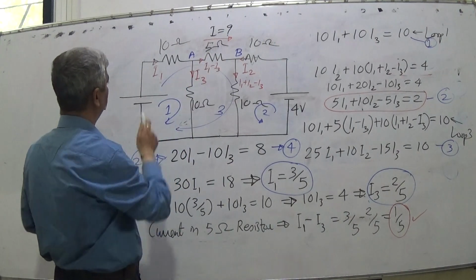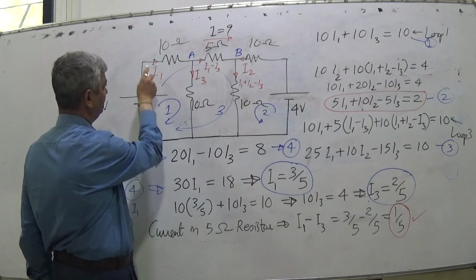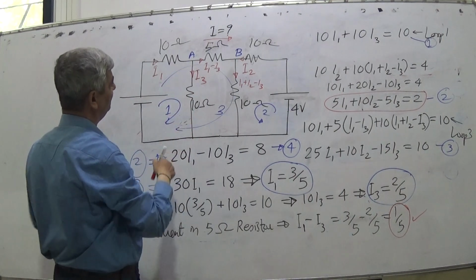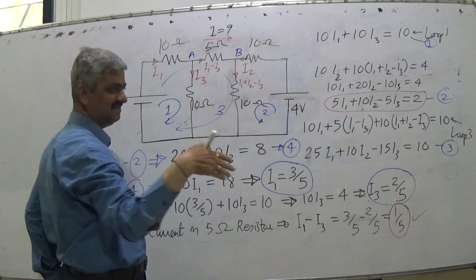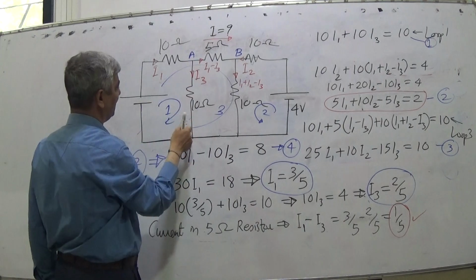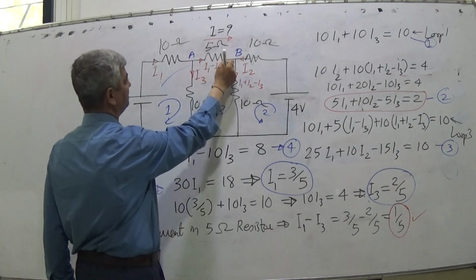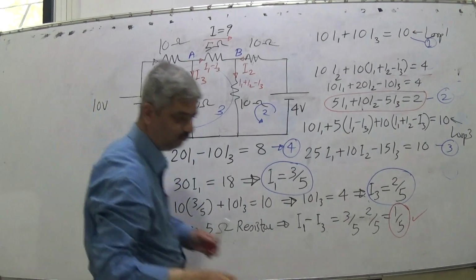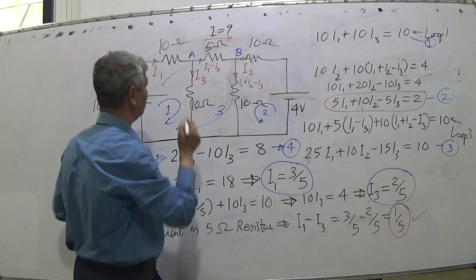What do we have to do? Let this be I1, let this be I3. Actually, if we would have taken that also, the thing would have been simple, but we took somehow I1, then this I3, then this is I1 minus I3. So we use Kirchhoff's law here.